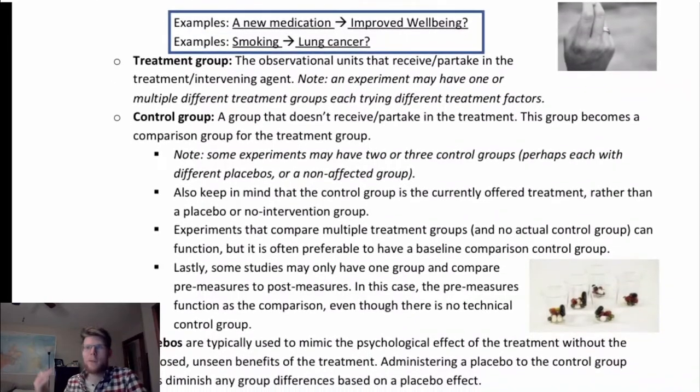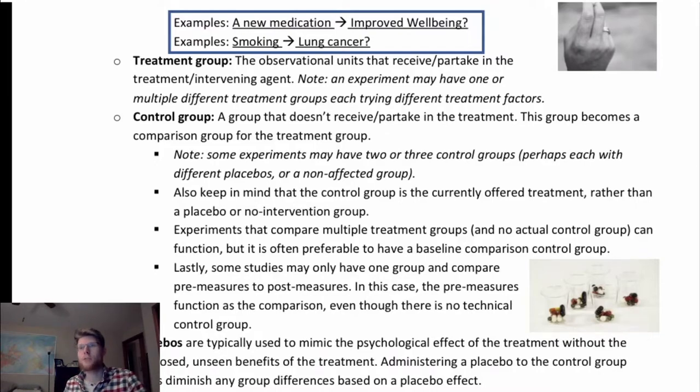So then, in experiments, typically, not always, but typically, we're going to have multiple groups. Often we call them the treatment group and the control group. If we just have two groups, it's possible we might have two separate treatment groups, like a treatment A and a treatment B. That's certainly possible. We might have more than two, three or four or five different experimental groups.